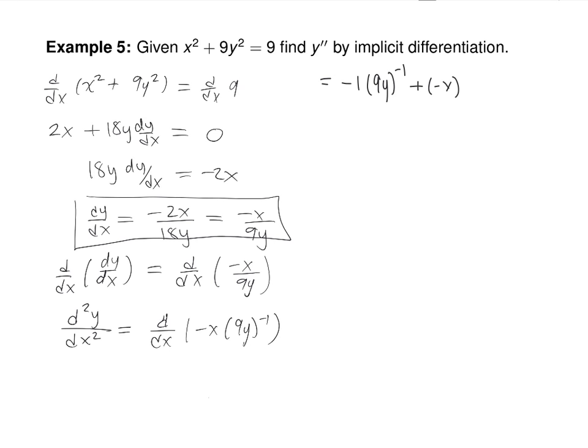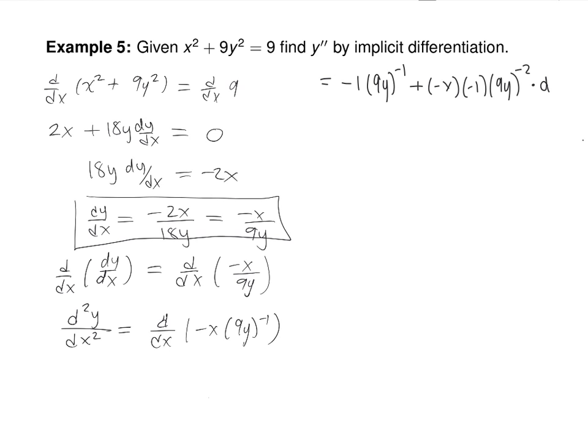The trickiest thing is differentiating that 9y to the negative first. So what's the derivative of, first you pull the power down, right? That becomes negative 1. What's the new power on the 9y? Negative 2. And then what do you have to multiply by? Almost. 9, and then a dy dx.